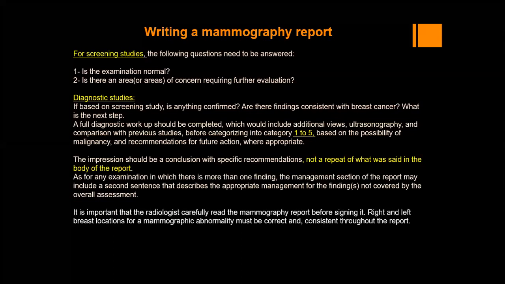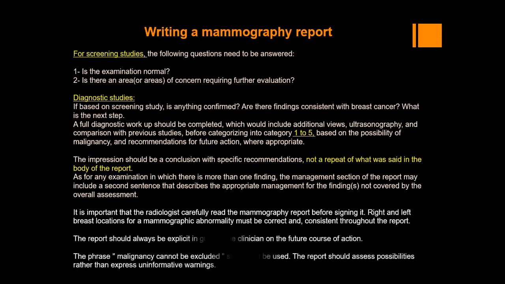It is important that the radiologist carefully read the mammography report before signing it. Right and left breast locations for mammographic abnormality must be correct and consistent throughout the report. The report should always be explicit in guiding the clinician on the future course of actions.